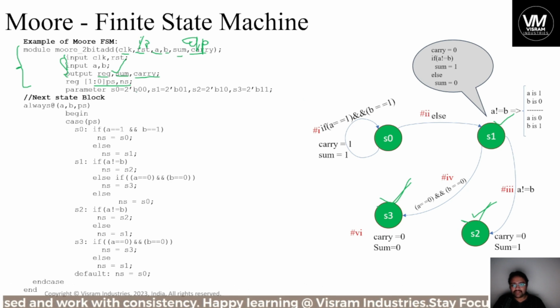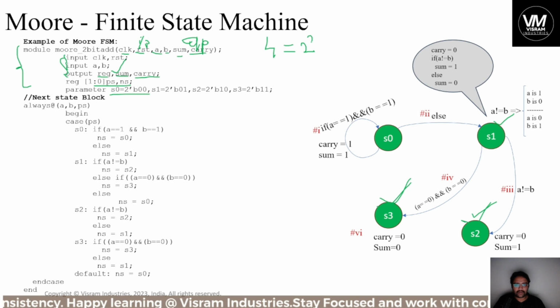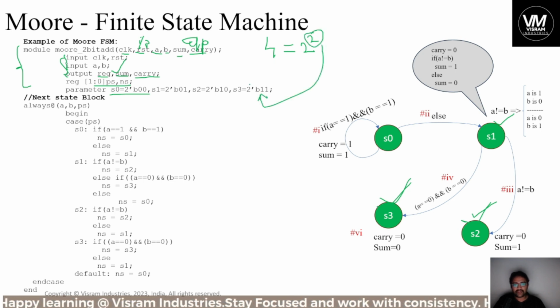And parameters, we can take 4 states here, but for the 4 states, what are the values? 4 is nothing but 2 power 2. So 2 bit parameter values will be taken for each state. So S0 is 00, 01, 10 and 11 based on that.